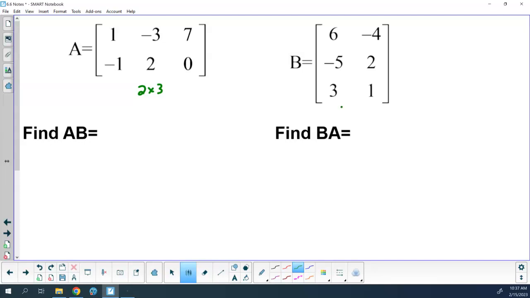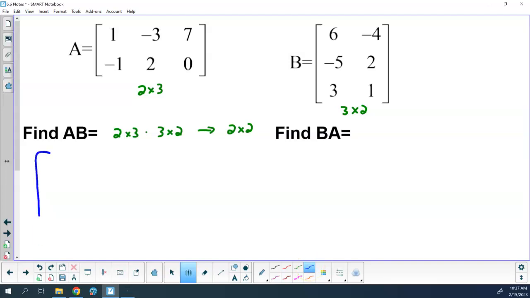B is a 3 by 2 matrix: 3 rows, 2 columns. So, can I multiply A times B? Well, that would be a 2 by 3 times a 3 by 2. Yes, I can do it. Result is going to be a 2 by 2, right?